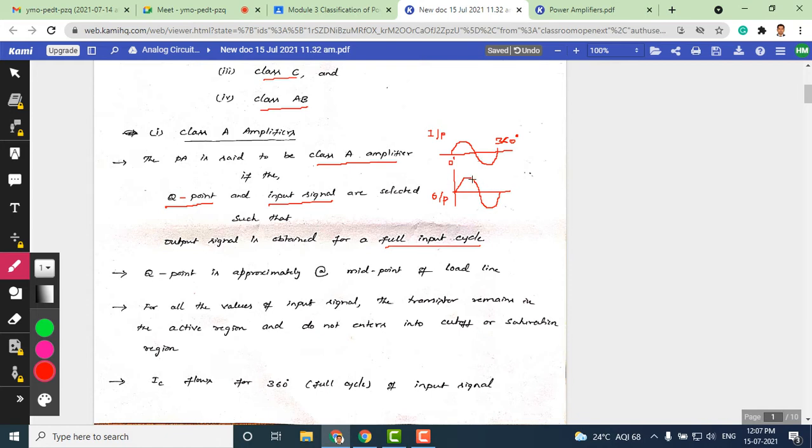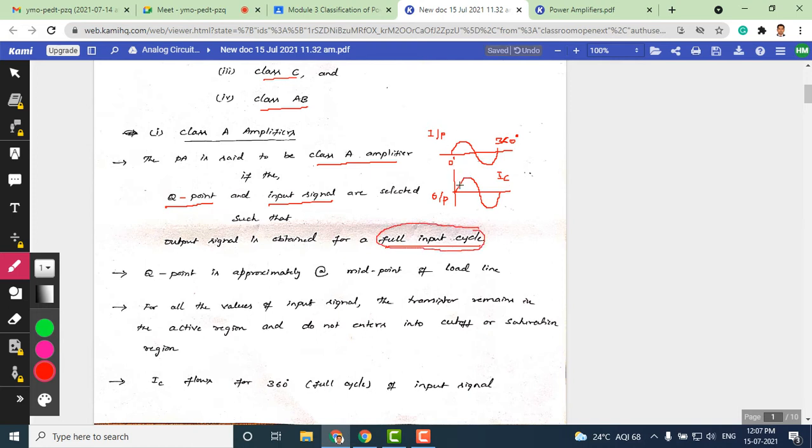In this case it is going to be IC. This type of amplifier can be called a class A amplifier. I hope the definition is clear to you. The power amplifier is said to be a class A amplifier if the Q point and the input signal are selected such that the output signal is obtained for the full input cycle.